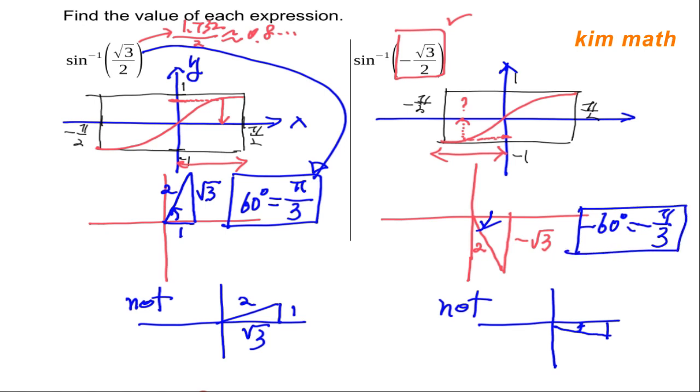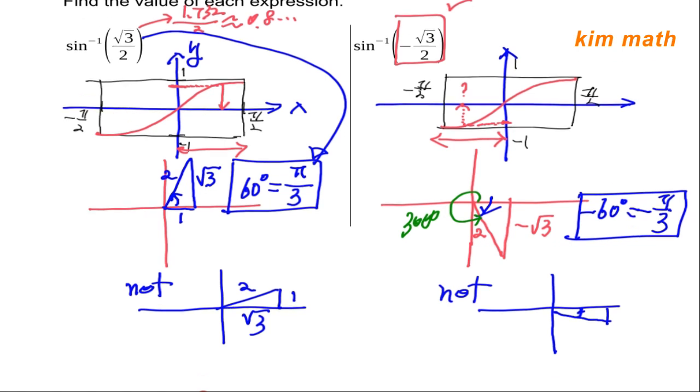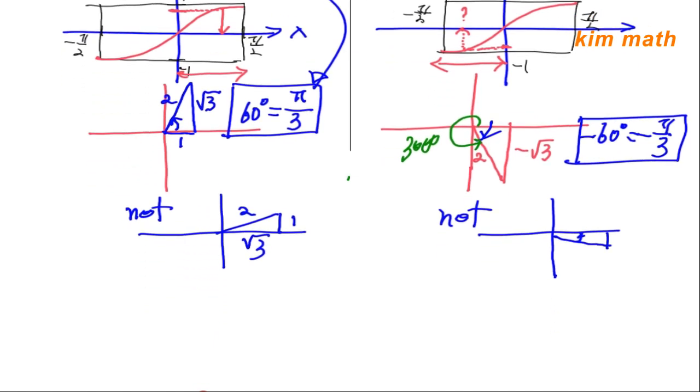Here, one more key point. For this angle, don't say 300 degrees, although they are coterminal. Here, let me add some more. Sine of negative 60 is minus radical 3 over 2. Sine of 300 degrees is also minus radical 3 over 2.